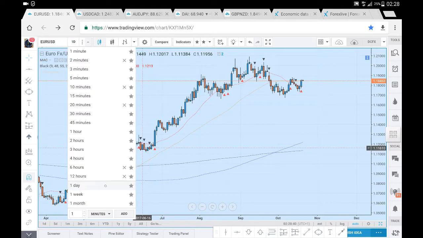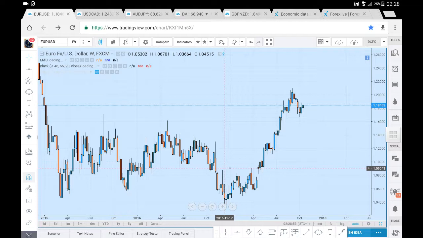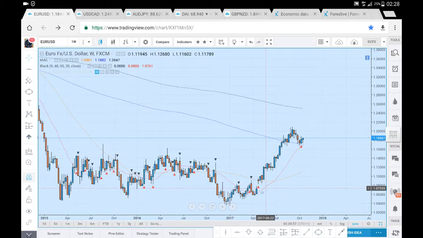So if we have a look at the time frames above, let's just have a look at the weekly, for example, and just waiting for this chart to load. So on the weekly time frame, we can clearly see we're in an uptrend. After the French elections, the markets have gapped up, haven't really looked back.